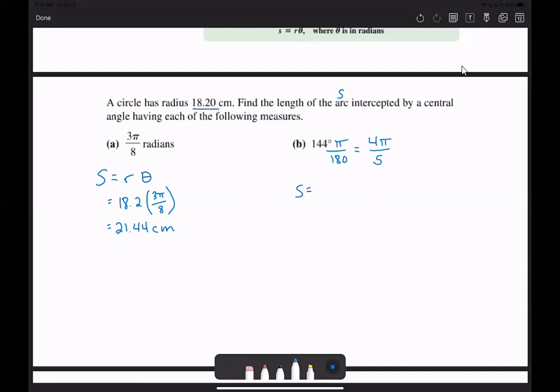Plug this information into our formula, 18.2 times 4 pi over 5. We're going to just get the decimal here, which will be 45.74 centimeters. So that is the arc length around the circle, given this information.